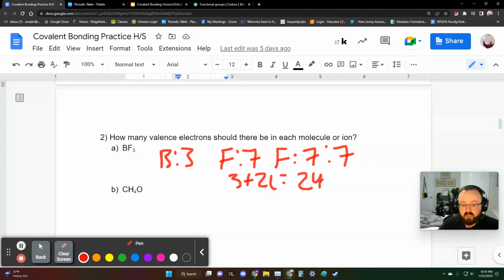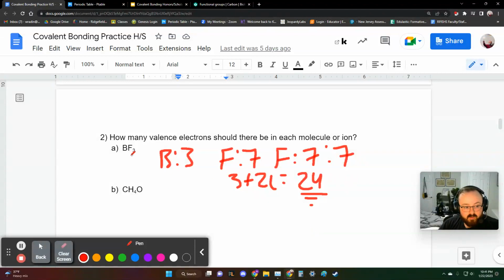There should be 24 valence electrons throughout the entire molecule, because we haven't given it any electrons; that's just how many valence electrons those atoms have. You can't just add more valence electrons unless you add a charge to it. So there should be 24 valence electrons.